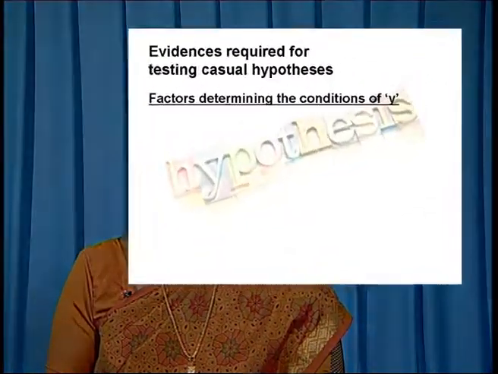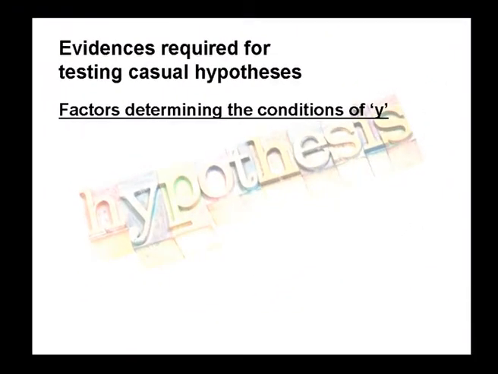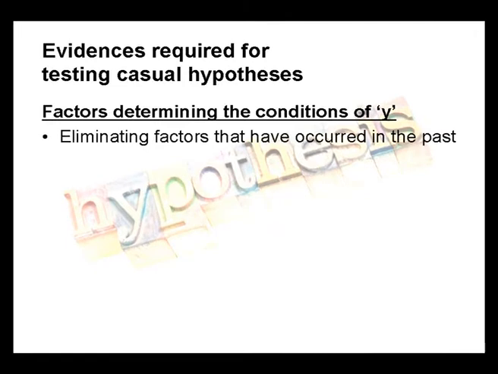The third one, evidence of third type is concerned with ruling out other factors as the possible determining conditions of y, which may be occurred in several ways in an experiment. Such possible conditions are avoided by some kind of elimination. The first way is by eliminating factors that have occurred in the past.